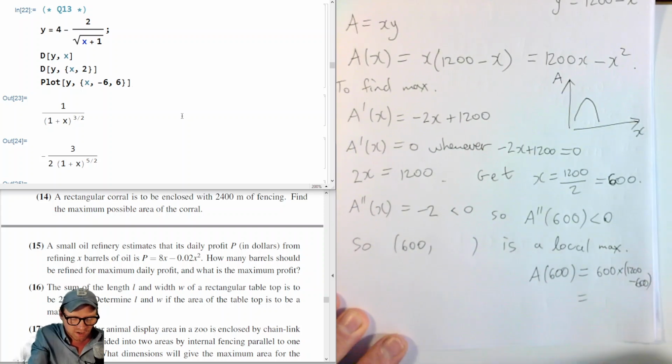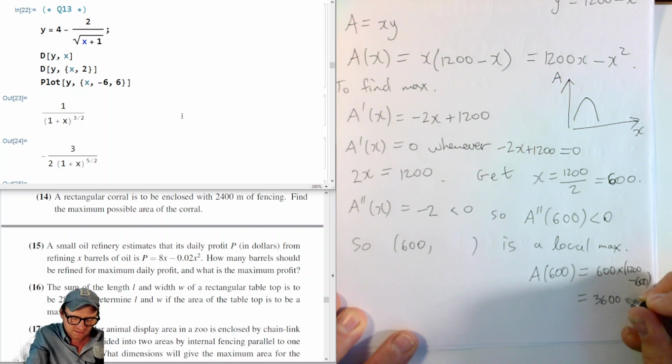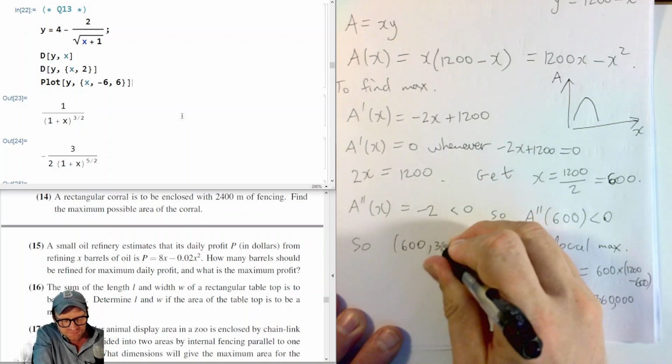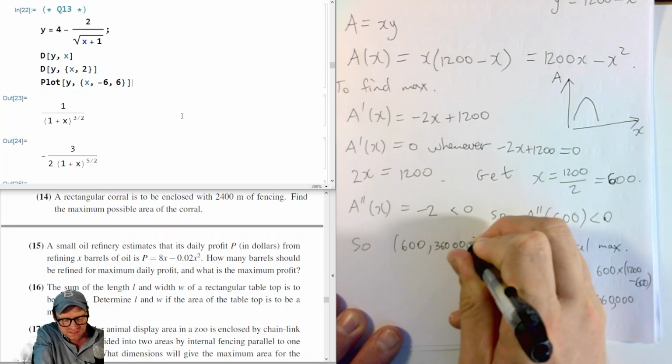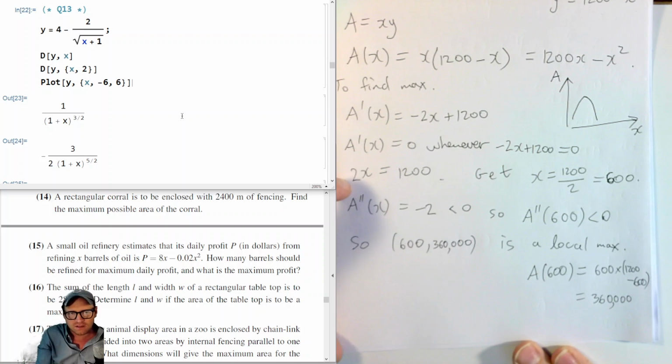So this is 600 squared. So 6 times 6 is 36, and then 100 squared is 10,000. So we have 360,000 there. Okay, so let's put this in here. 360,000. I'll even put a comma there to make it easier to read.